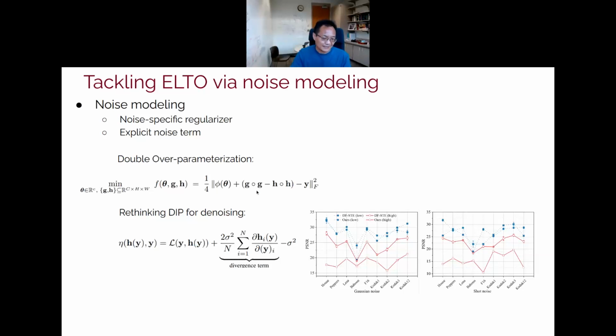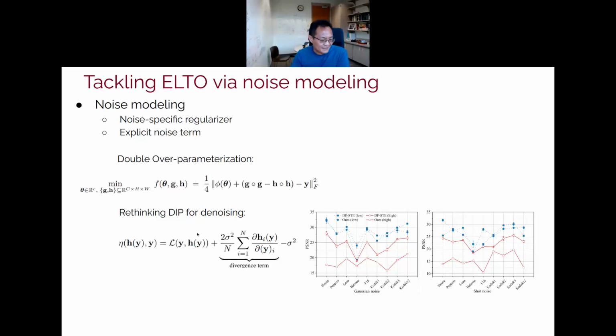And the way to deal with that is that they parameterize the sparse noise by this particular parameterization, where in the literature, people have shown that if you parameterize the object in this way, combined with certain optimization procedure, you tend to get some sparse solution at the end of the day. That means this guy tends to be sparse. But of course, as you can imagine, this is very, very specific for sparse noise only.